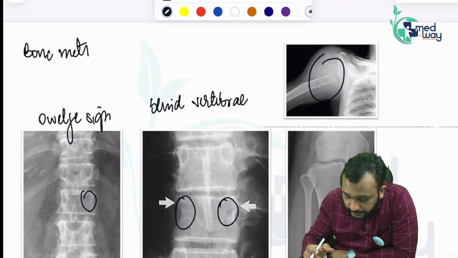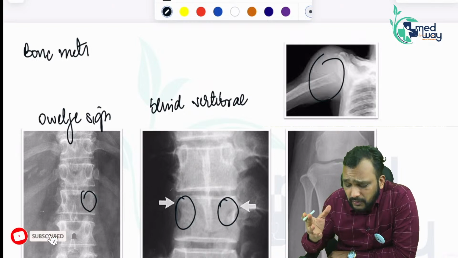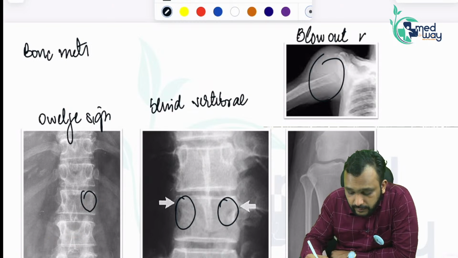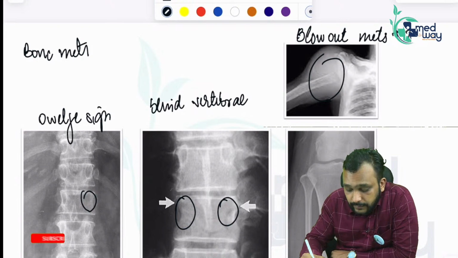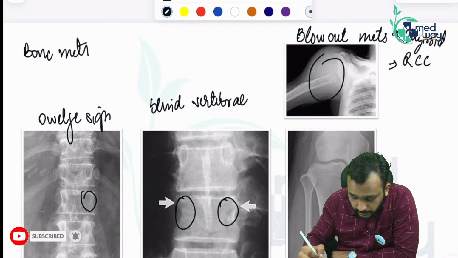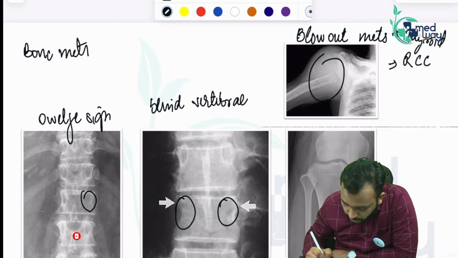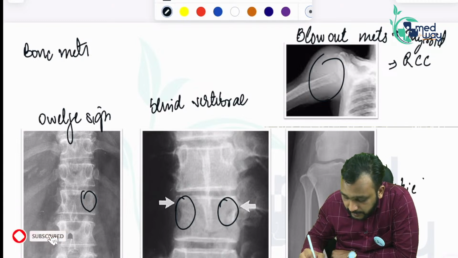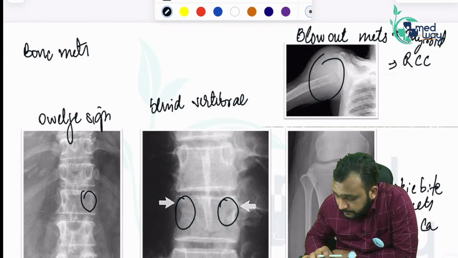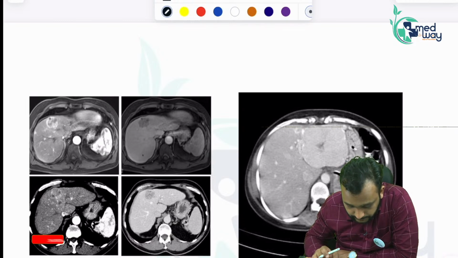In which there is expansion of the, there is blowout mets seen in patients with thyroid cancer and renal cell carcinoma, and focal destruction of the cortex of the bone. This is your cookie bite mets seen in lung carcinoma. Okay, lung carcinoma.